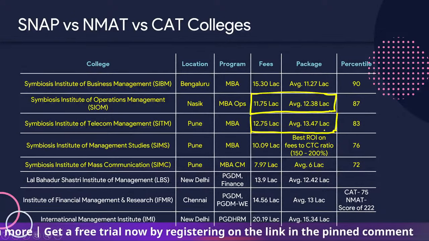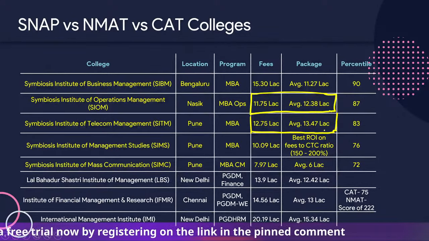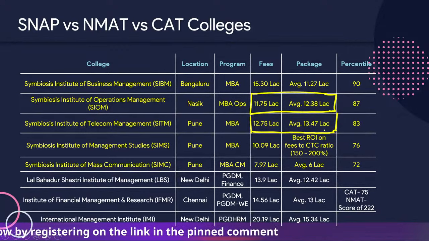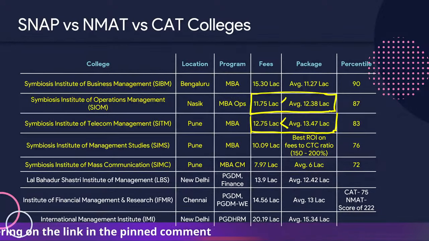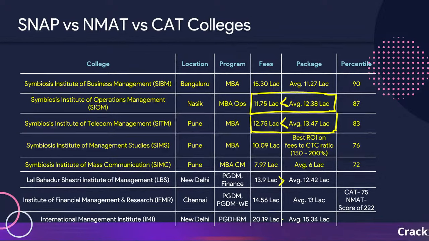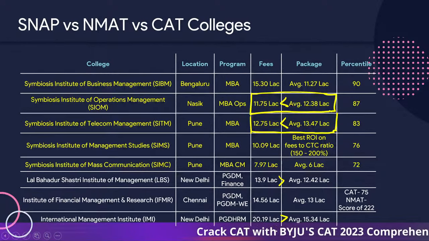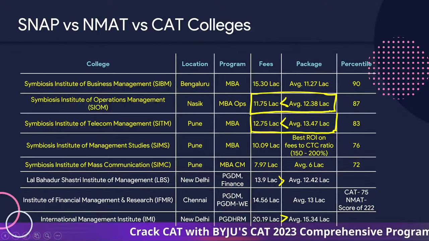So 12.75 is the fees and average package is 13.47. So your package is greater than the fees that you're going to look into. ठीक है. This is not even true for LBS and even IMI. ये लॉन्ग रन में काफी ज्यादा हेल्प करता है.